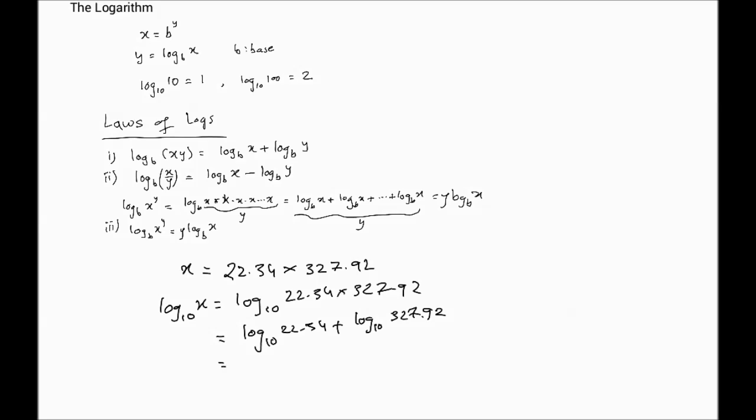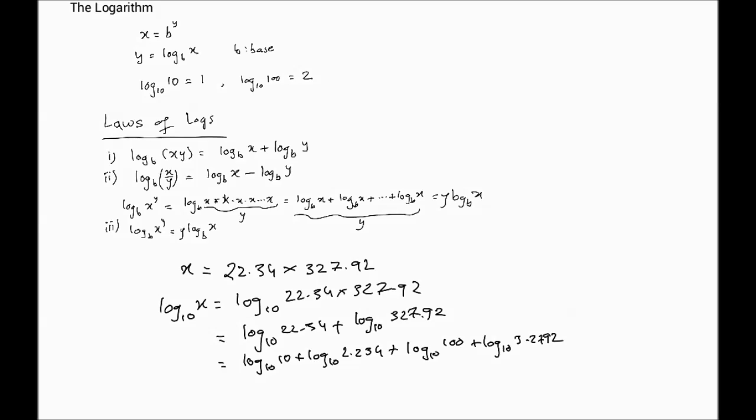This is like 10 times 2.234, so it's log base 10 of 10 times 2.234 plus log to the base 10 of 100 times 3.2792.